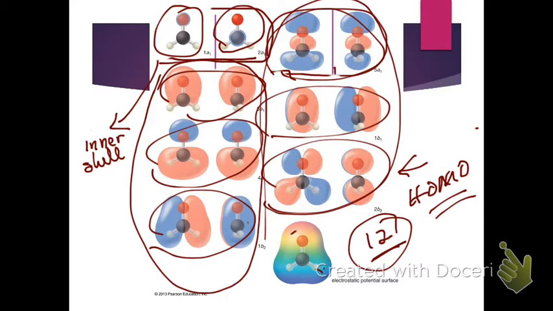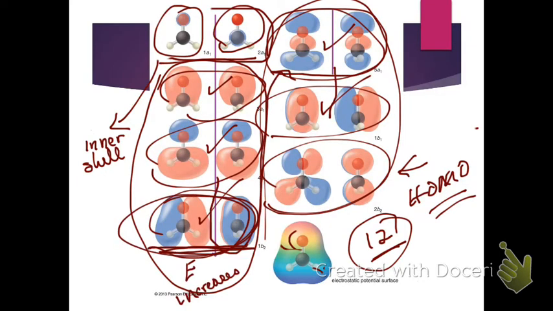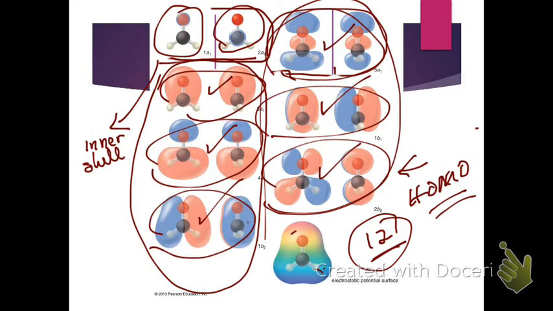I hope that's clear. So let me again just reiterate. We've got 2 electrons here, 2 electrons here, 2 electrons in this one, 2 electrons here, 2 electrons here, 2 electrons here, for our total of 12 electrons in our ground state for the formaldehyde molecular orbital configuration.